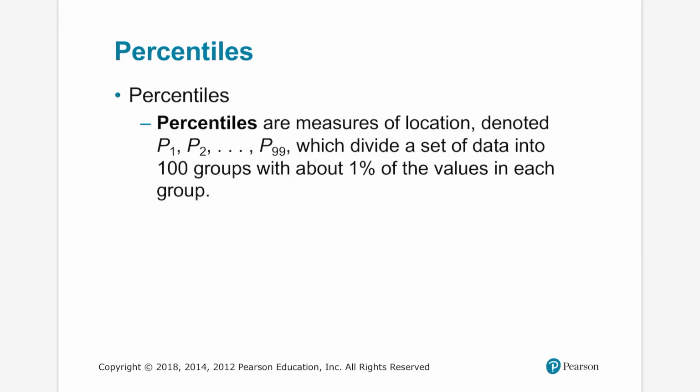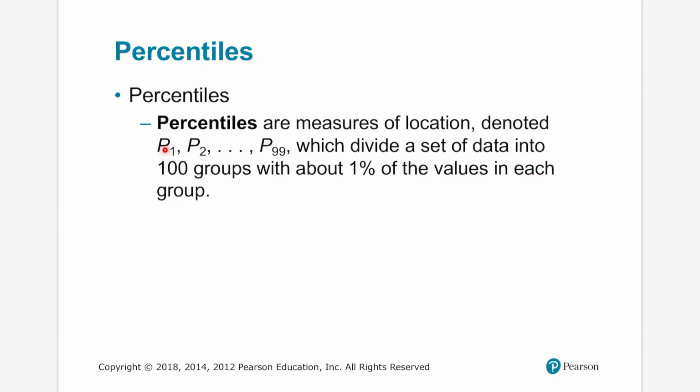Percentile. Percentiles are measures of location, denoted by P1, P2, P3, all the way to P99, which divide a set of data into 100 groups with about 1% of the values in each group.